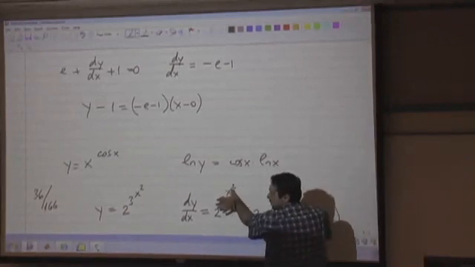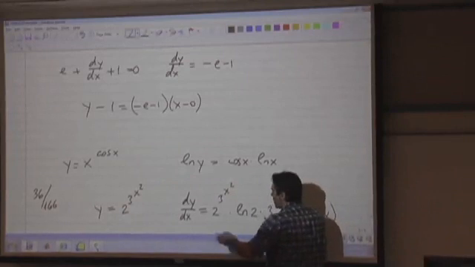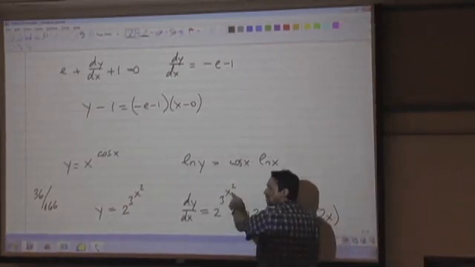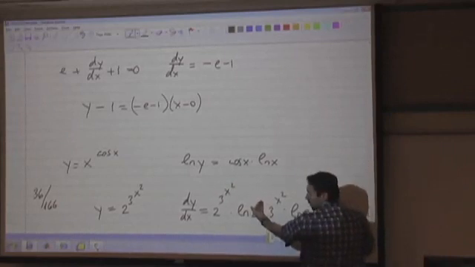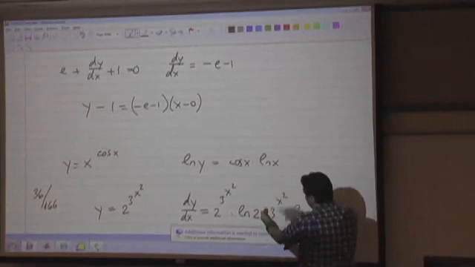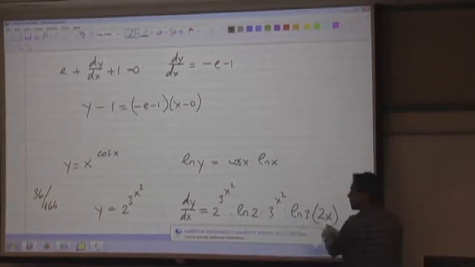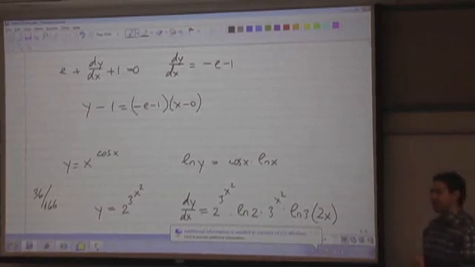Now when I open up my black box and look inside it, I have 3 to some other function. So I apply the chain rule to the inside function. The derivative is going to be 3 to the function times ln of 3 times the derivative of the function. Does this make sense?